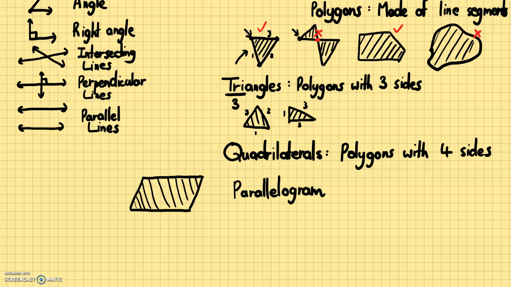And why is it called parallelogram? Because if you look at the shape, this side and that side are parallel. The red sides are parallel. And remember, by parallel lines we mean that the two sides are never going to meet, even if we extend those. So even if we extend these sides like this, it's never going to touch the bottom side.